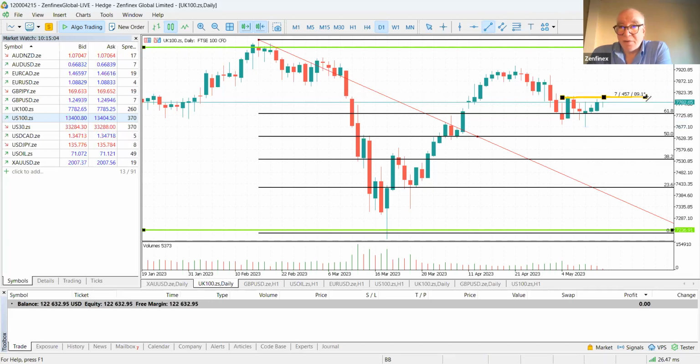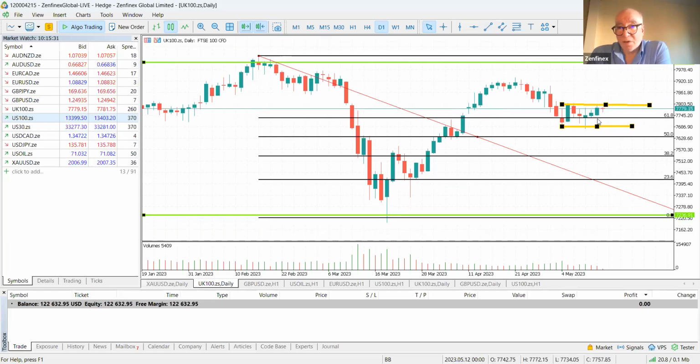This level here now is going to be important, because what we're really looking to do is see if this range that's been created for the last week or so, whether it's going to break on the upside and have another go at retesting the previous high, or is it going to break down and then come all the way down to this level. So at the moment, we don't have enough information. I personally will need to see a breakout of this.